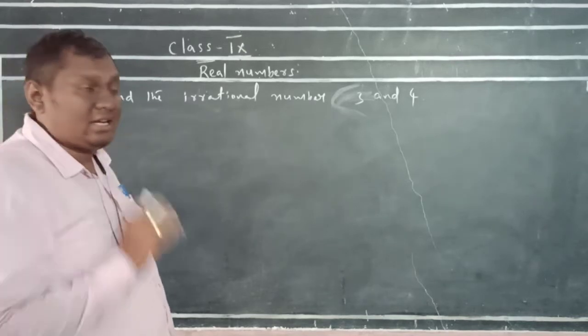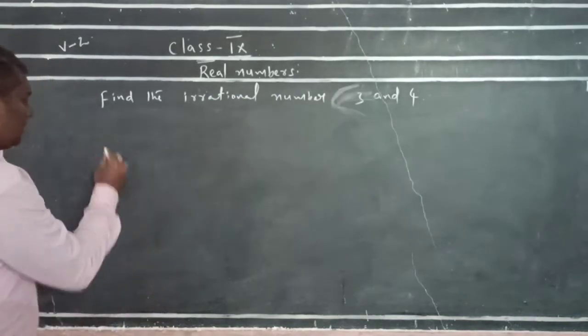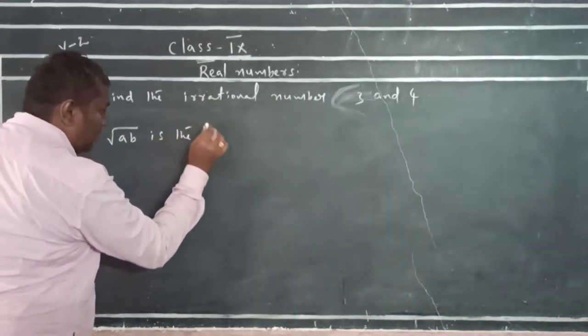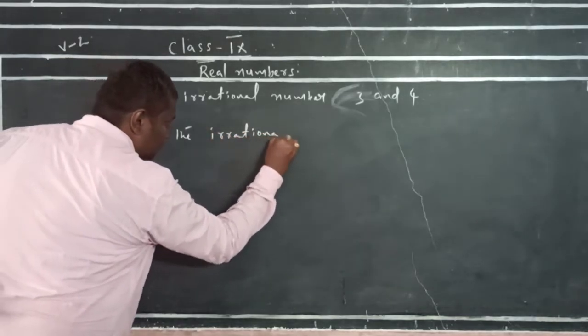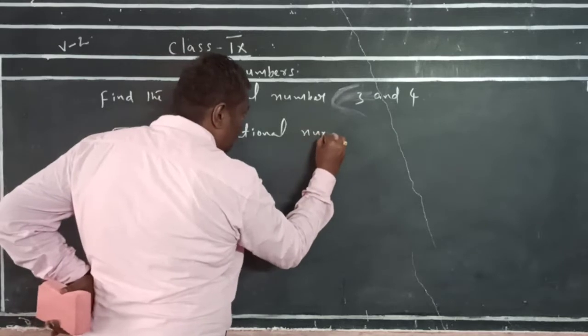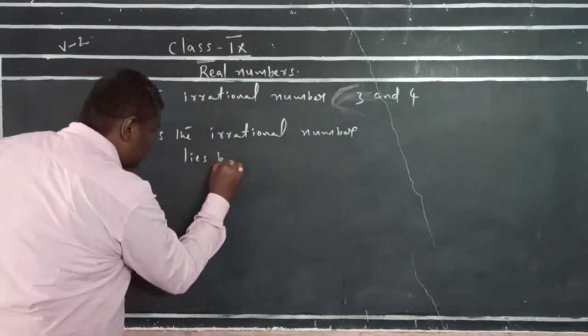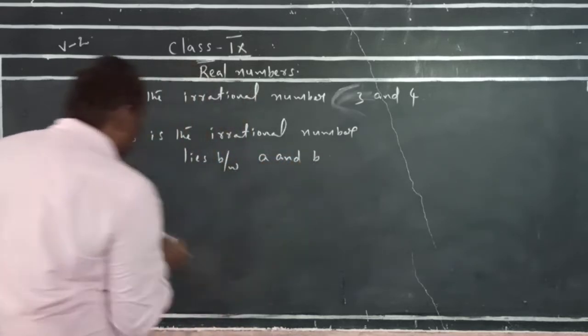That is the rational number. Here they are asking for the irrational number. Here root ab is the irrational number that lies between a and b. This is the formula.